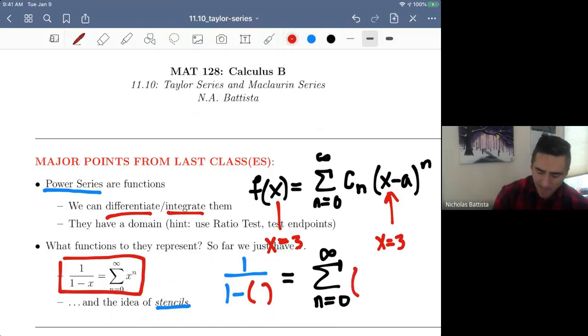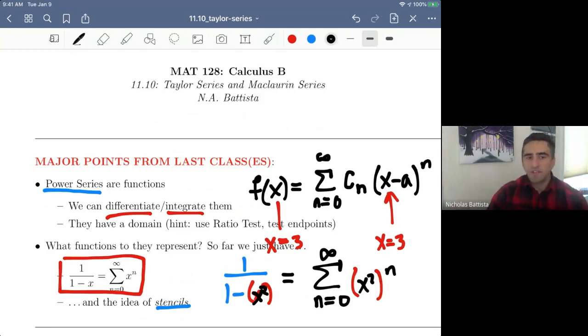And anywhere we had that x, we replace with those open parentheses, and we could just put in those parentheses some other quantity. So say if we had the function 1 over 1 minus x squared, we could just put an x squared inside those red parentheses. This is what the idea of a stencil was.